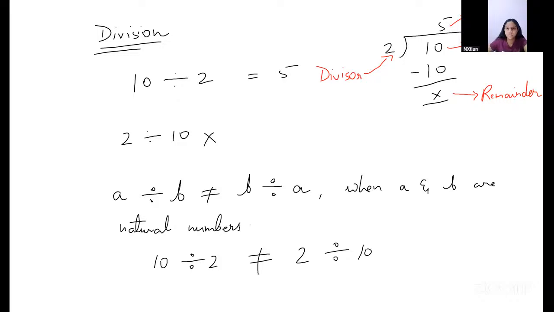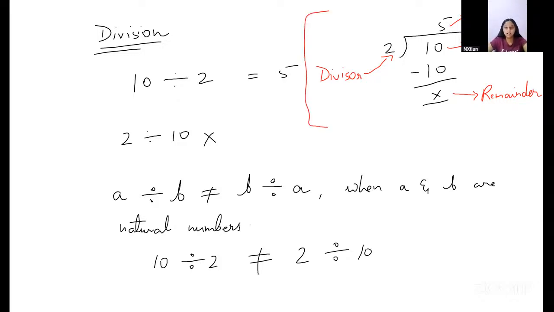So the four parts are there. The number that is being divided is known as dividend. The number that is dividing another number is known as divisor. The answer that we write on top is known as quotient, and the remaining number that is left after dividing is known as remainder. So these are the parts of division.